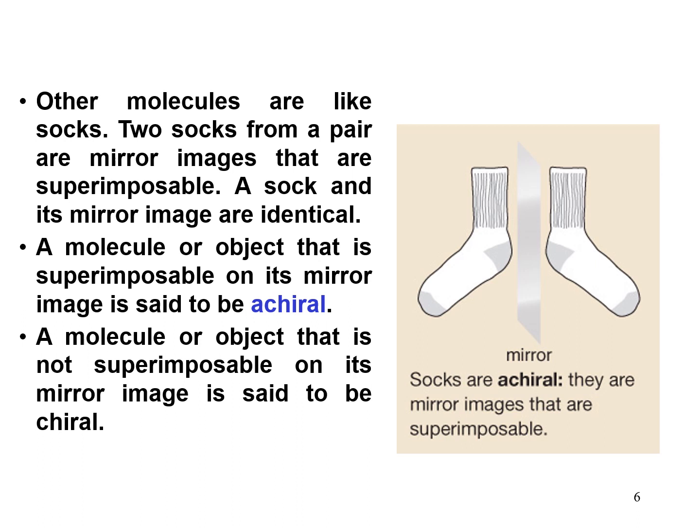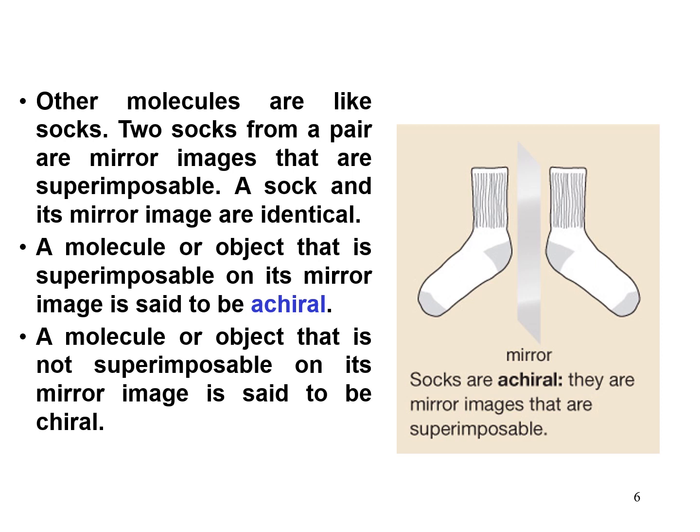So other molecules are like socks. The 2 socks from the pair are a mirror image that is superimposable. A sock and they are what? Mirror image, and that mirror image is identical actually, and therefore if the 2 are identical we say that they are achiral rather than chiral.